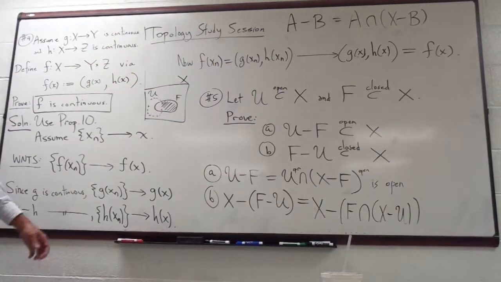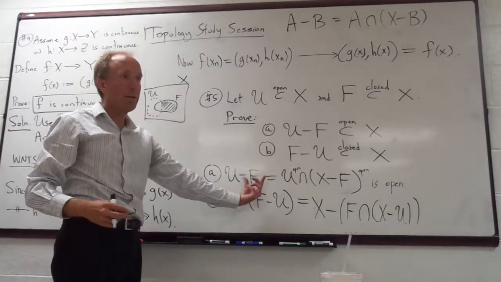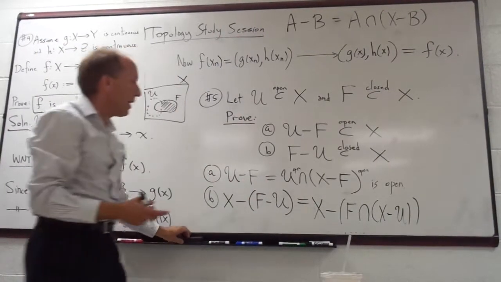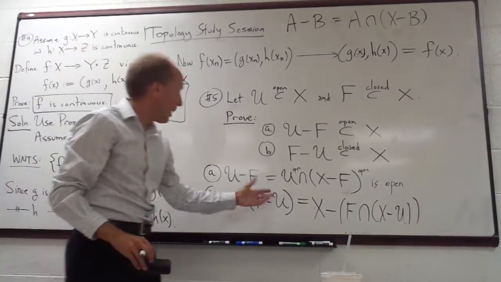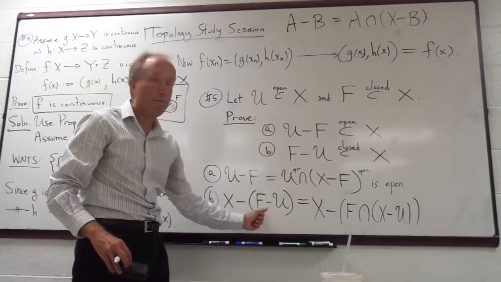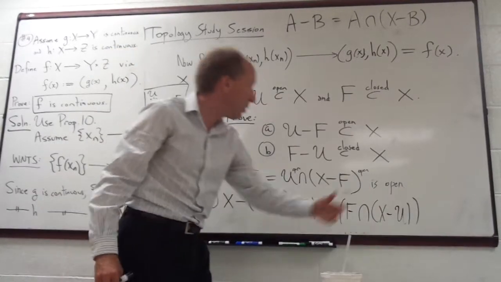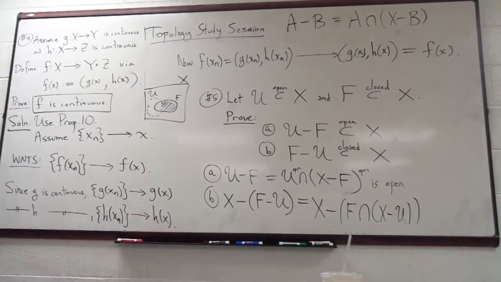We actually use that formula right here on the first part. So it's kind of what Alice is suggesting, we just do that with this F minus U piece right here. And so this is perfectly good.